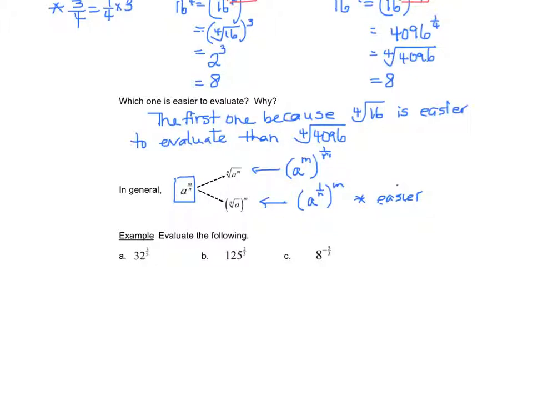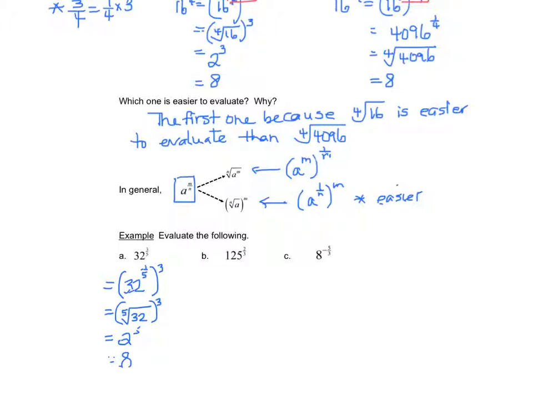So if you're going to evaluate something like 32 to the exponent 3 over 5, what you're going to do first is split apart the exponent, and you're going to do that by putting the numerator of the fraction outside the bracket. So we'll make this 32 to the exponent 1/5 cubed. 32 to the exponent 1/5 is the same as the 5th root of 32, still cubed. The 5th root of 32 is 2, and 2 cubed is 8.